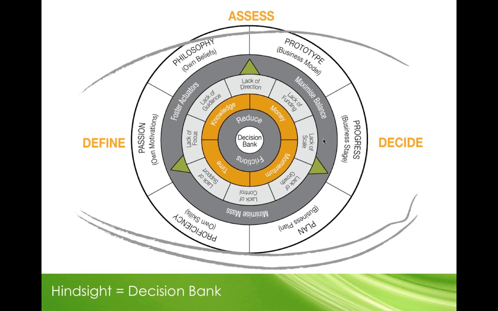Everything that we do in the decisionship model should be logged in the decision bank. I'm not talking about lots and lots of paper or lots and lots of admin. It's pretty simple. We define the issue that I need some support. We assess the options, getting a general manager or maybe getting a sales manager. We made a decision to hire a general manager, and then we do that feedback loop that we just talked about in the hindsight section. That can be as simple as it is.